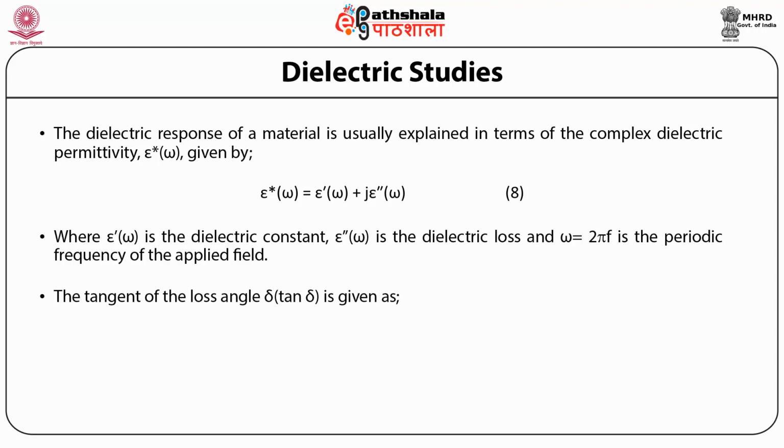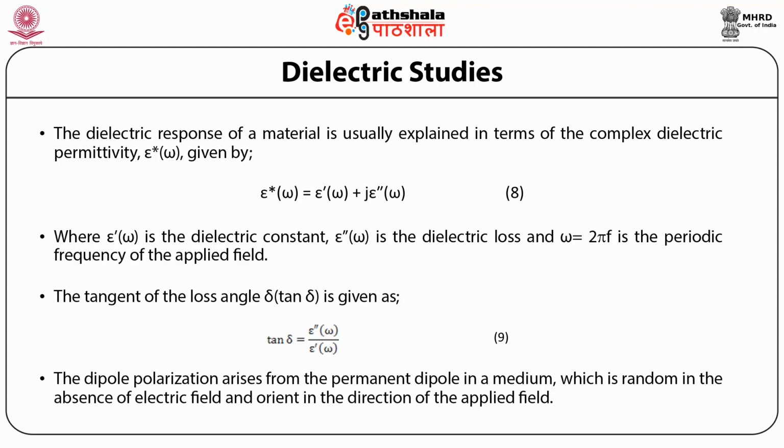The tangent of the loss angle delta is given as tan delta equals epsilon double prime of omega divided by epsilon prime of omega.